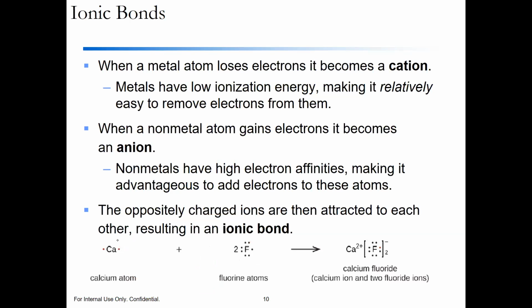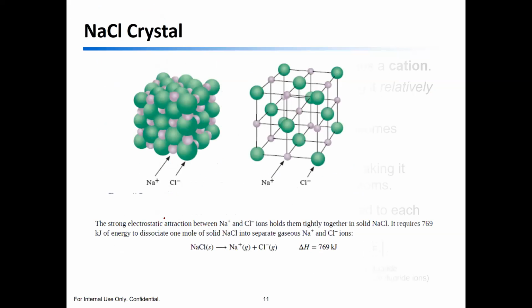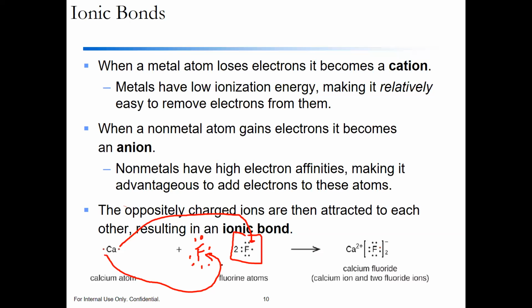Okay. Then, what do we have here? So I get a powder of calcium and a bunch of fluorine together. I mix them together. What do I form? CaF2. I don't form CaF10 or CaF20. I always form CaF2.